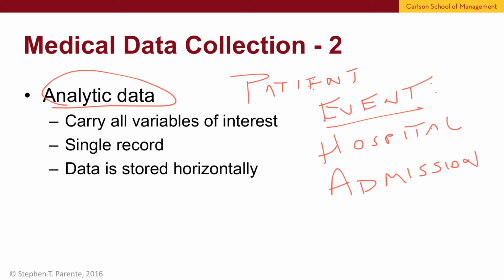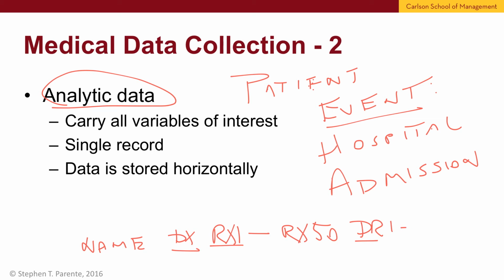So on one row, we might know the person's name, or really, to keep it confidential, some sort of secure ID, but we also know their diagnosis. We know what pharmacies they've gotten, from 1 to 50. We know all the doctors that have treated them, say doctors 1 through 40. And a lot of that information is going to be organized and carried along.